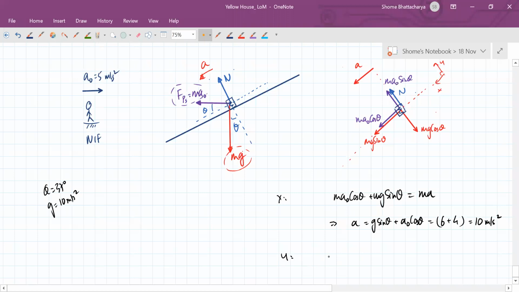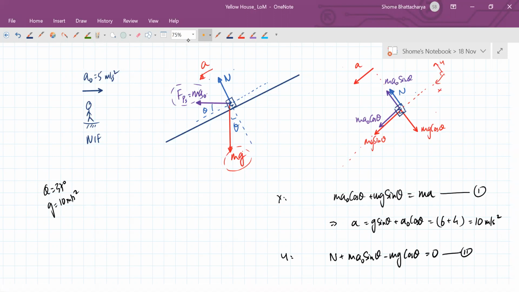And along the y-axis, this is our equation.